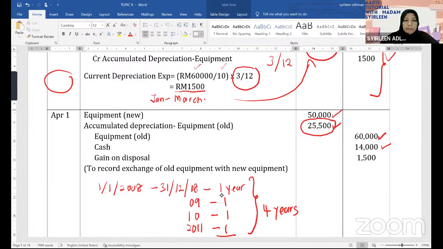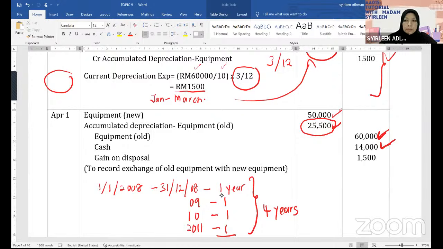Sebab tu saya debit 50,000 for the new equipments. Saya debit accumulated depreciation 25,500 to close the contract for all equipments. And then I am closing my old equipment account, which is 60,000 ringgit. And I am supposed to top up, kena bayar nilai yang kurang tadi, which is 14,000 ringgit.